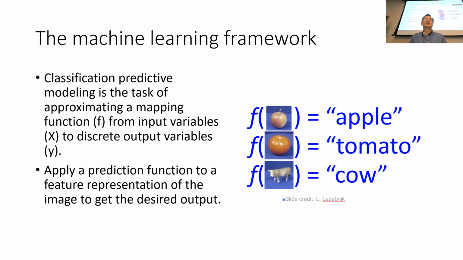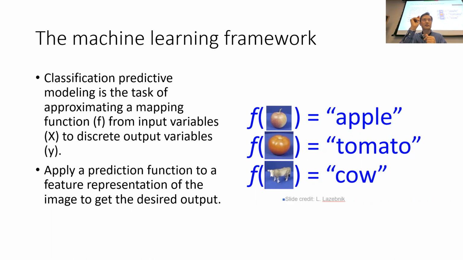So mathematically, abstraction is you have a function. This function will take your data. In this picture, the data is an apple picture, tomato, or cow. And then the function will take that. You can extract or learn the features of this picture and put that into a vector and give it to the function.